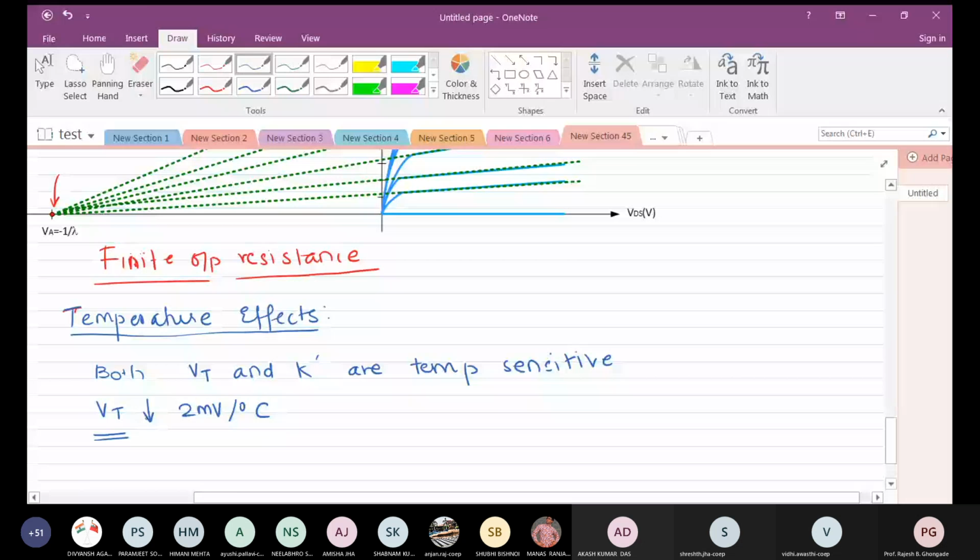The threshold voltage. It is not the voltage equivalent of temperature. Please, I'm telling you this again and again. So the threshold voltage of the device is also sensitive to temperature. It decreases by 2 millivolts per degree Celsius rise in temperature.